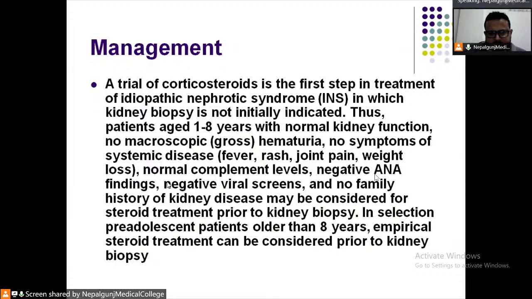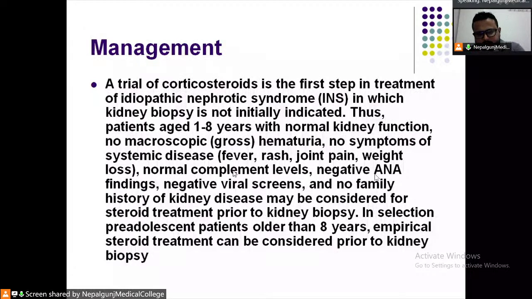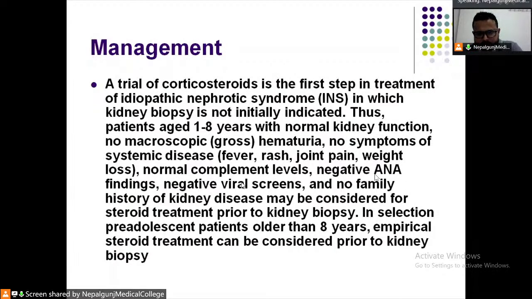So if it is nephrotic syndrome, the age is 1 to 8 years, with normal kidney function, no hematuria, no signs of any glomerulonephritis or immunological disease, then you can directly start the steroid before doing any kidney biopsy.